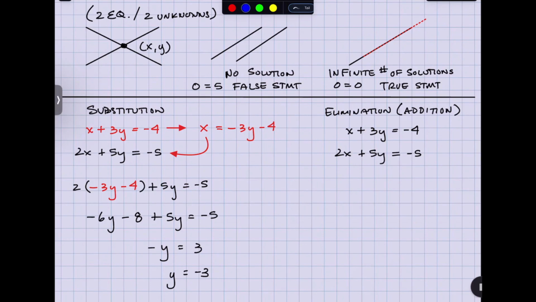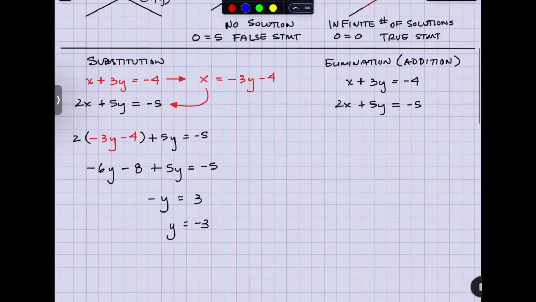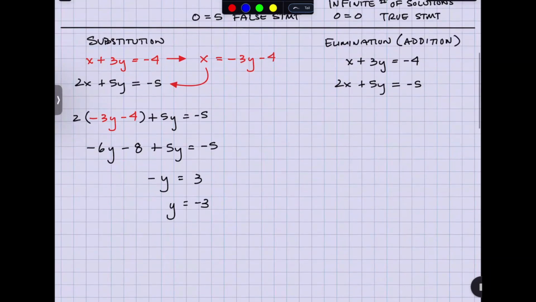Okay? So from here, you can always take this and substitute it back in here to find your x value. That's pretty much review.